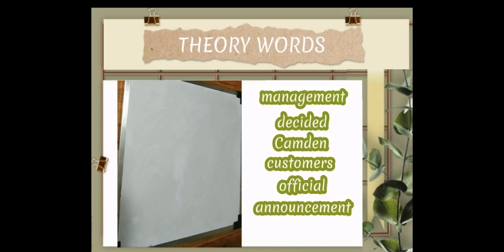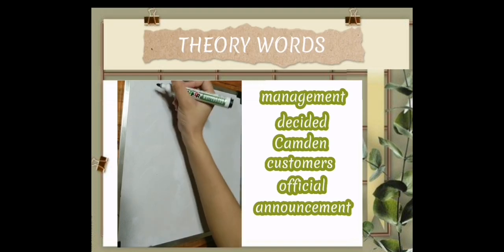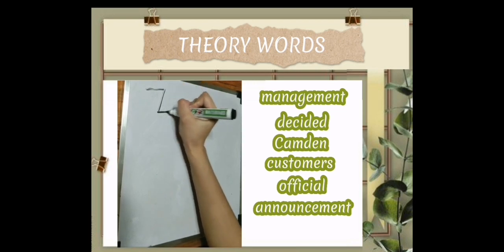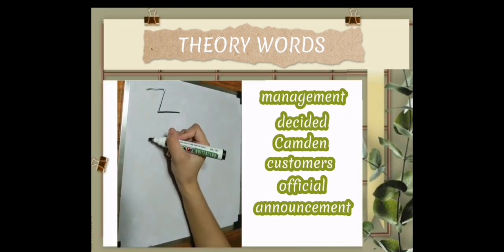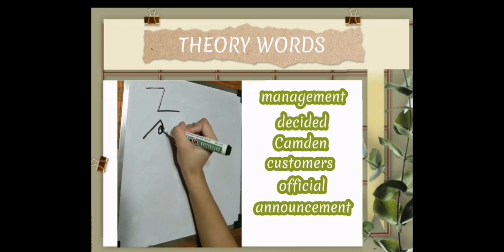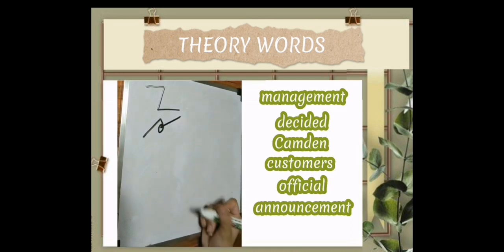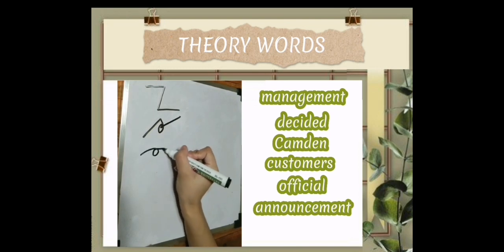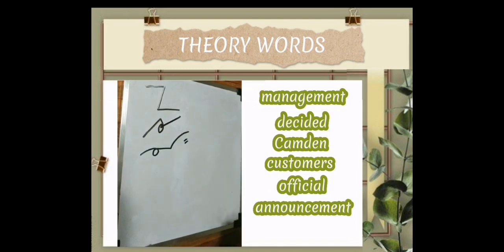We have heard 12 sets of theory words. First is management. Next is decided. Next is Camden. Next is customers. Next is official. Next is announcement.